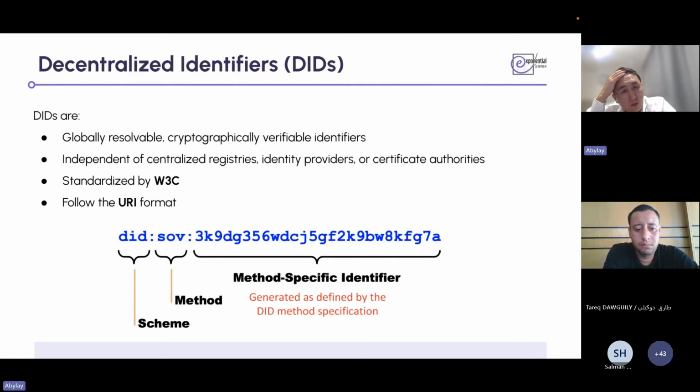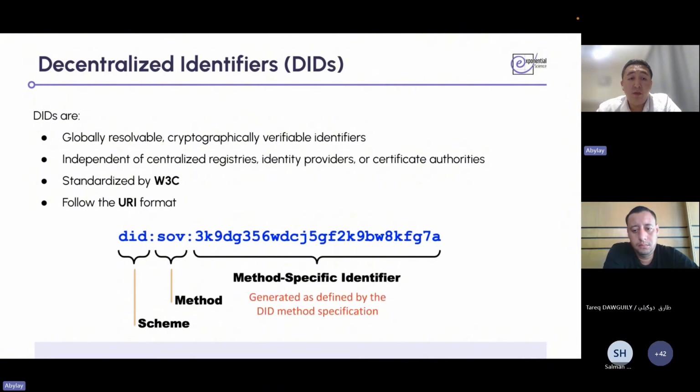And now I will explain some core components in this DID ecosystem, or technology framework. As I said, for digital identity we need identifiers. But for decentralized identity, we need decentralized identifiers, which are globally resolvable.